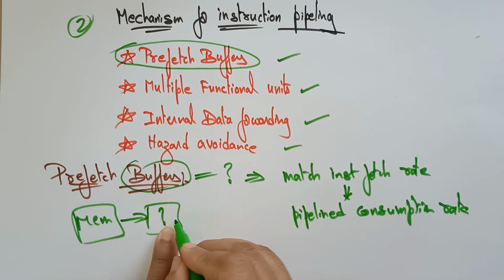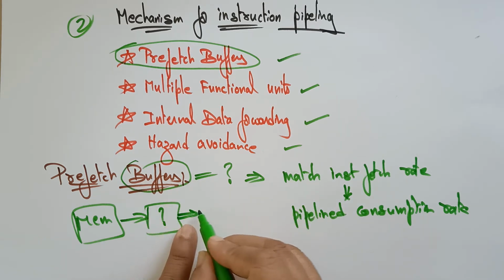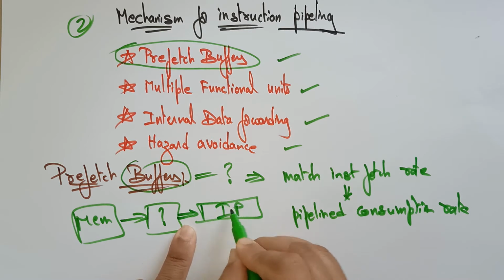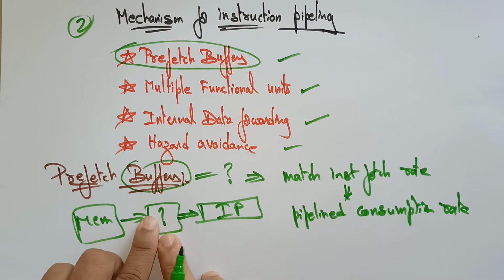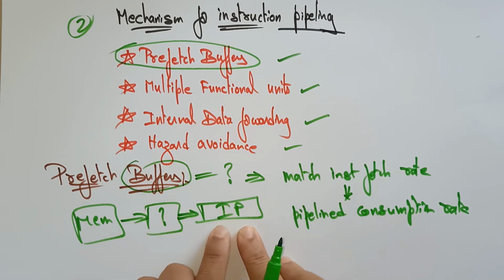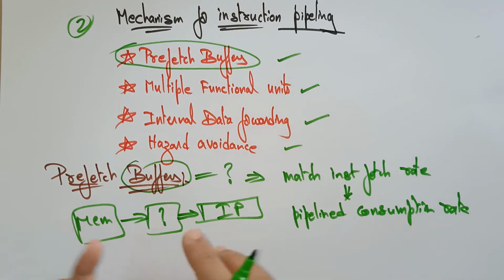Whatever is in the prefetch buffer is later sent to the instruction pipeline. At a time it can't get and at a time it can't send, so there should be some matching between these two: fetching the data and sending the data to the instruction pipeline.